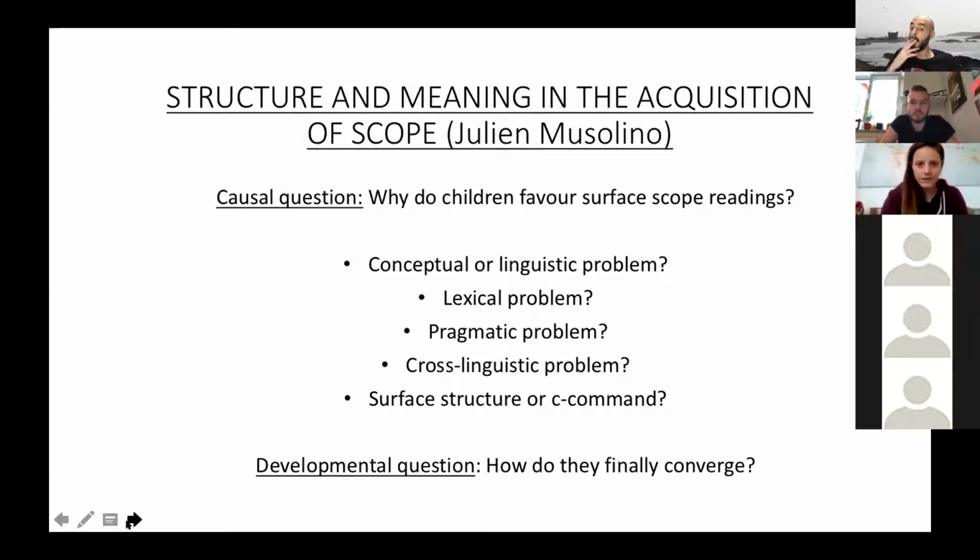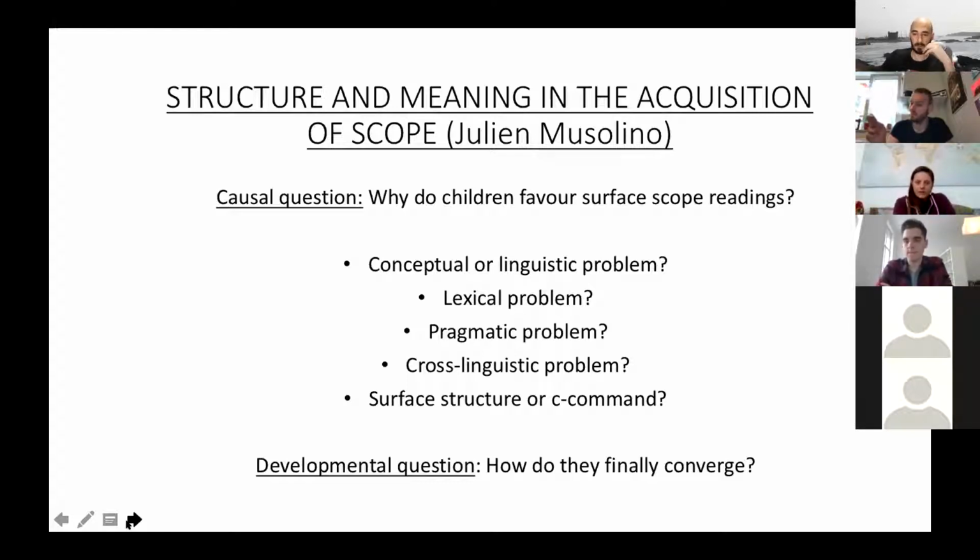So as we've already seen in the truth value judgment tests with the "every horse didn't jump over the fence" examples, children really tend to favor surface scope readings. And the question is why? And a couple of other questions arise from this. An important question is, is this a conceptual or a linguistic problem?